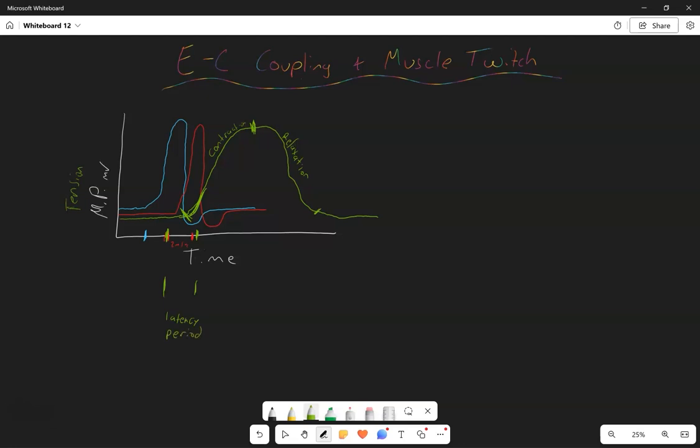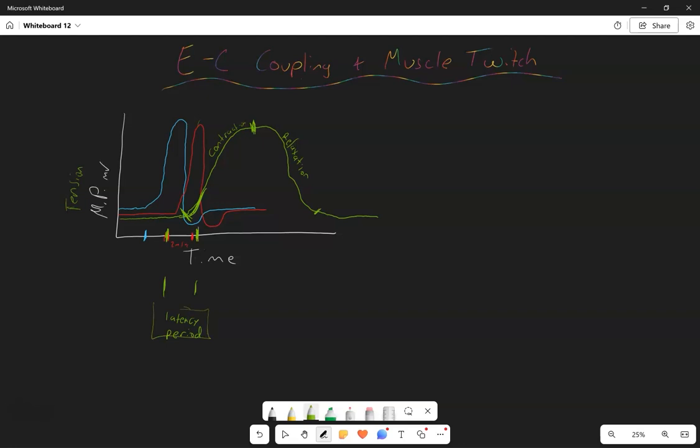The latency period is the amount of time necessary for all of those events we talked about: generation of the action potential in the motor neuron, propagation down the motor neuron, generation of the action potential in the motor end plate, propagation traveling down the T-tubule, activating the foot proteins to release calcium from the sarcoplasmic reticulum, calcium binding to troponin, troponin causing a conformational change in tropomyosin, it shifting, and then myosin binding, and going through the hydrolyzation process to get to the power stroke. All of that takes time, and it all happens during the latency period.